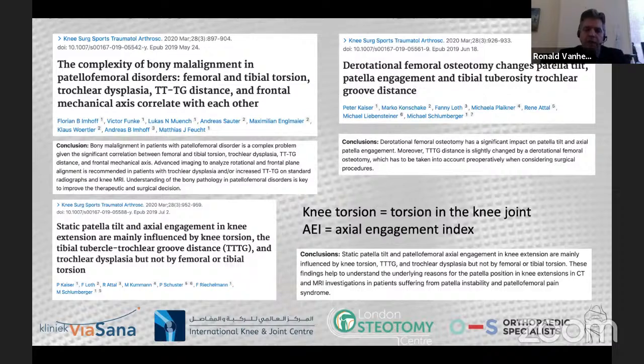Well, if I have to think about doing an osteotomy for a rotational deformity which is localized only in the knee joint itself, that will be a difficult osteotomy. Anyhow, we will see in the next years what comes from this, but you can find through PubMed or Google Scholar a lot of very recent articles on deformity correction and the deformities that cause patellofemoral instability, and that deformity is in the rotational plane.